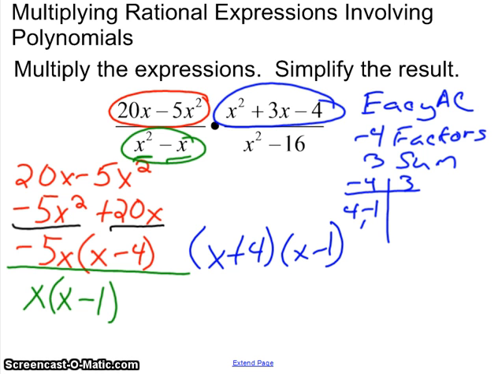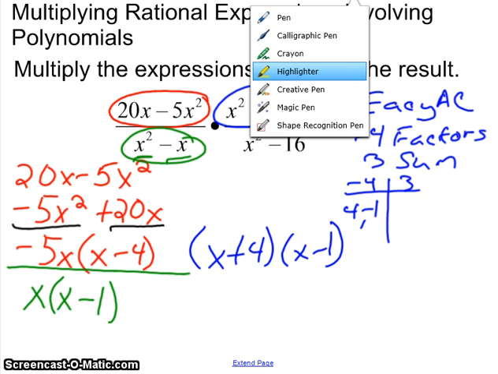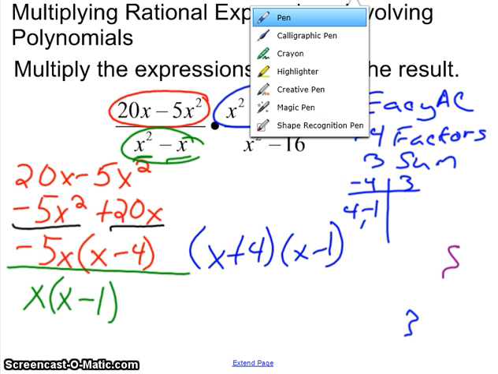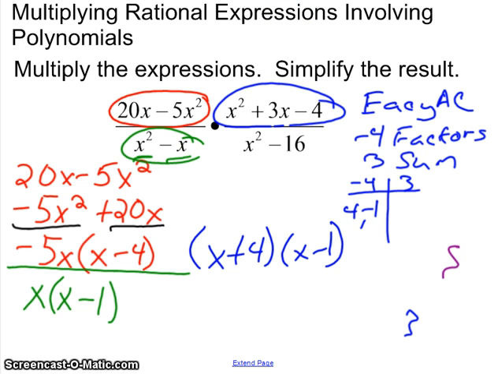And then let me see if I can find another color. All right, so the color I'm going to use for the denominator is going to be purple. Here I've got the difference of 2 squares, x squared minus 16. Both terms are perfect squares, and it is a subtraction, so it's the difference of 2 squares.